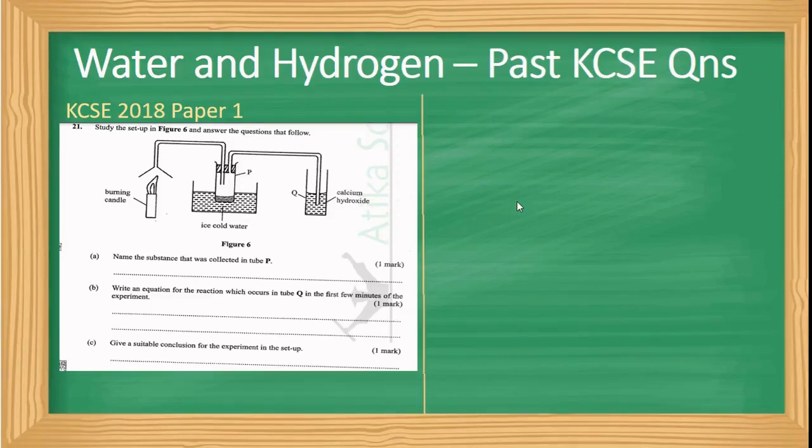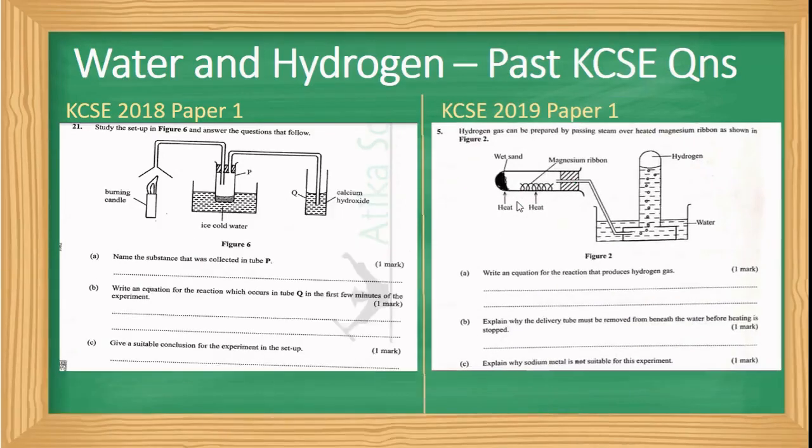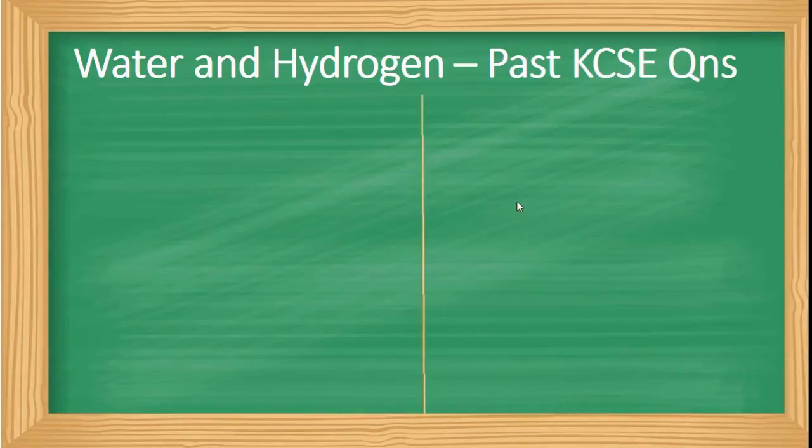So you can use that knowledge to try and address this question. In 2019 paper 1, there was a question on burning of magnesium in steam. Of course, we have gone through that process and how it happens and the observations and the reactions. Use that knowledge to try and tackle that question. Then at some point, we'll look at all questions together.